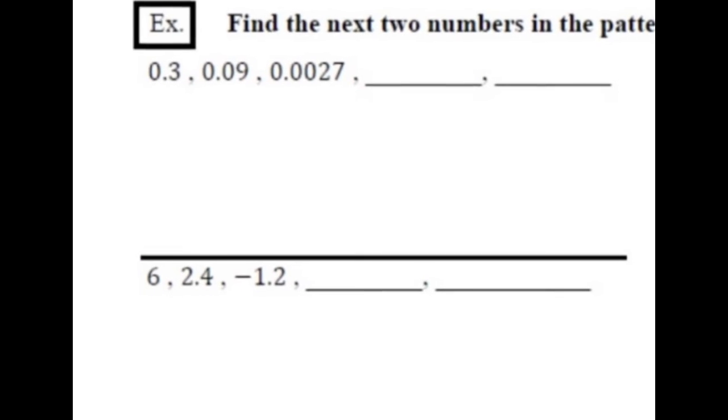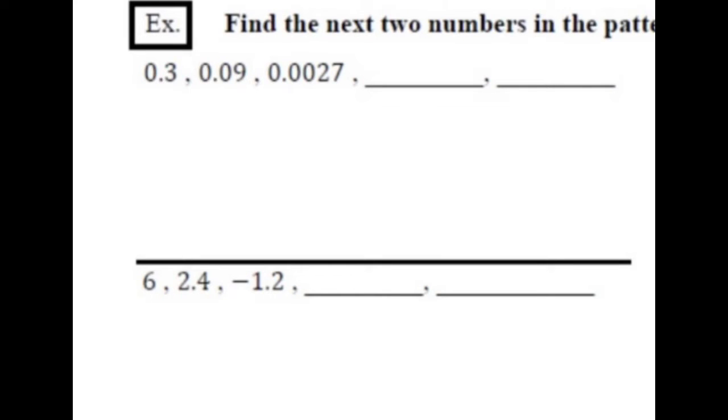Okay? So, what I like to do is look at the numbers first, see what they're doing, and then look at the decimals after. Okay, so to go from 3 to 9 to 27. Okay, so from 3 to 9, we either added 6 or we timesed by 3, right?